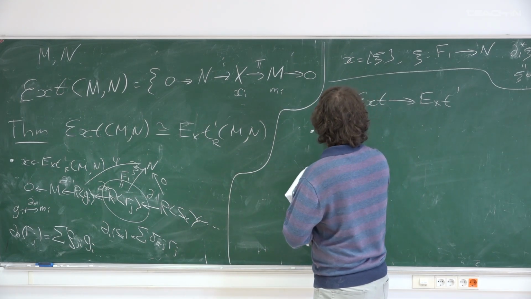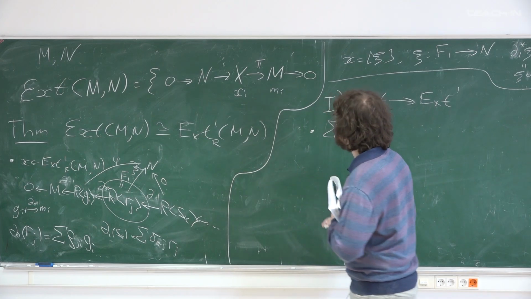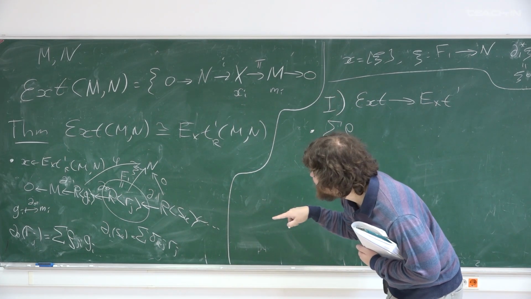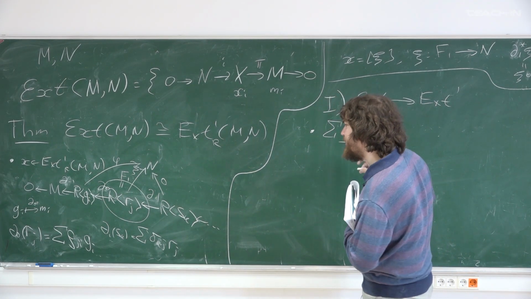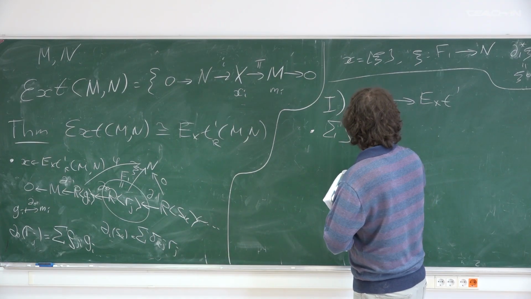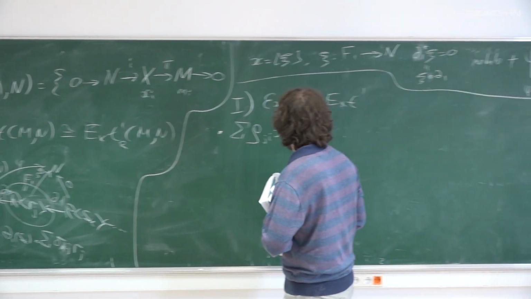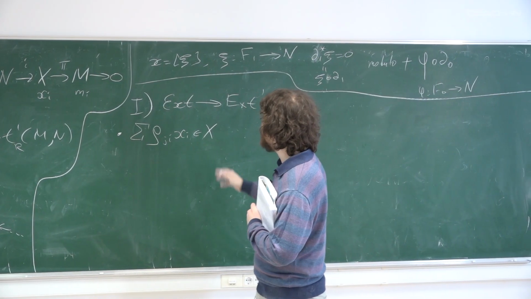Consider these things. Here, rho ji, xi. It's elements of x. It's elements indexed by j.